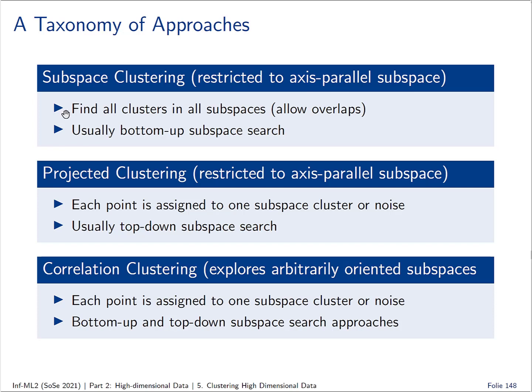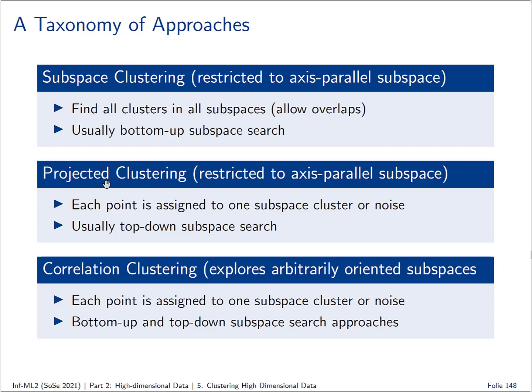They try to find all clusters in all subspaces, and in this sense they allow overlapping clusters, like the baby shape game, where points may end up in clusters with different other points in different subspaces. They are typically also associated with a specific algorithmic search strategy for finding the correct subspace of a cluster: they typically use a bottom-up subspace search and integrate that into the clustering algorithm.